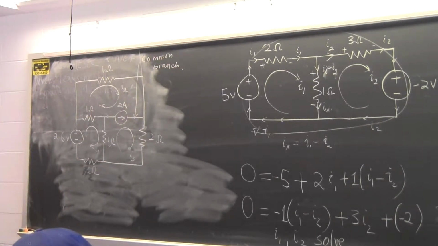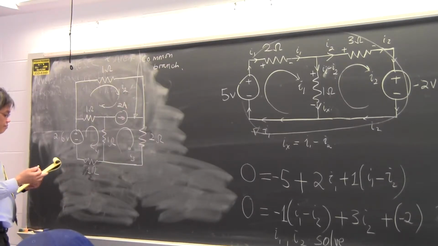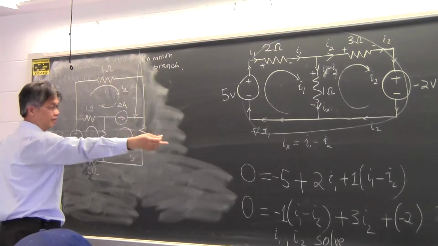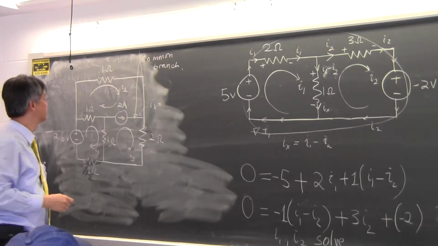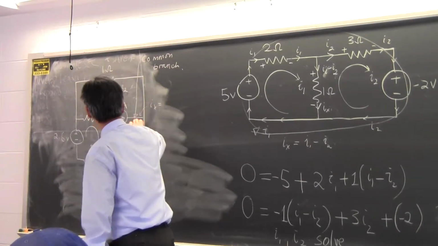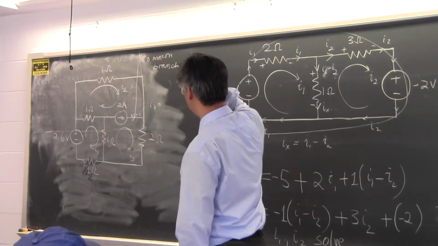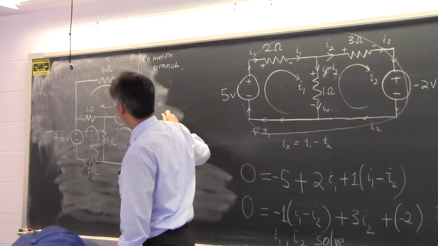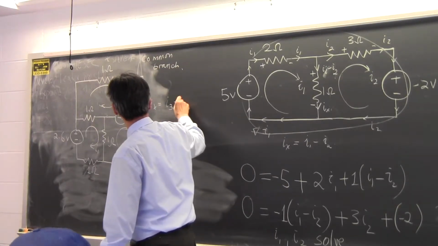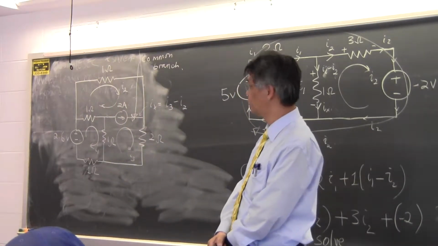On the common branch, if I were to call that, say, Ix again, like the other diagram, if Ix is flowing in this direction, in terms of I3 and I2, what should I write it as? It should be I3 minus I2, right? Ix is equal to I3 minus I2.